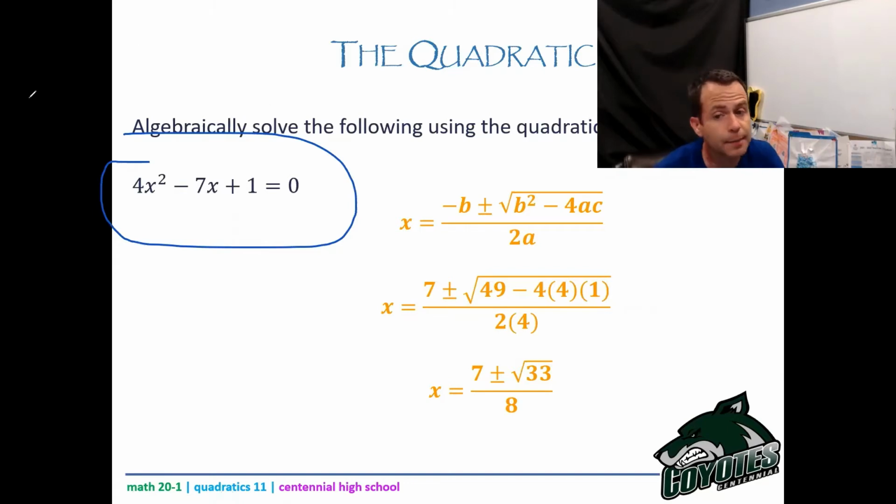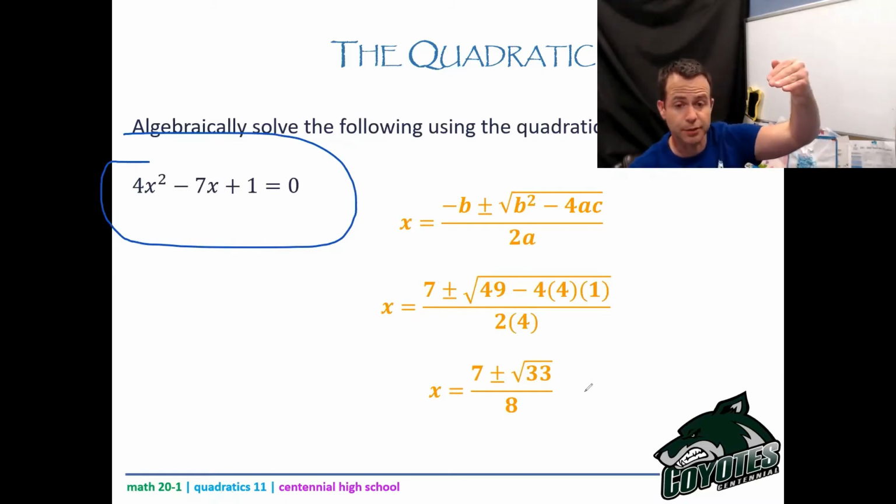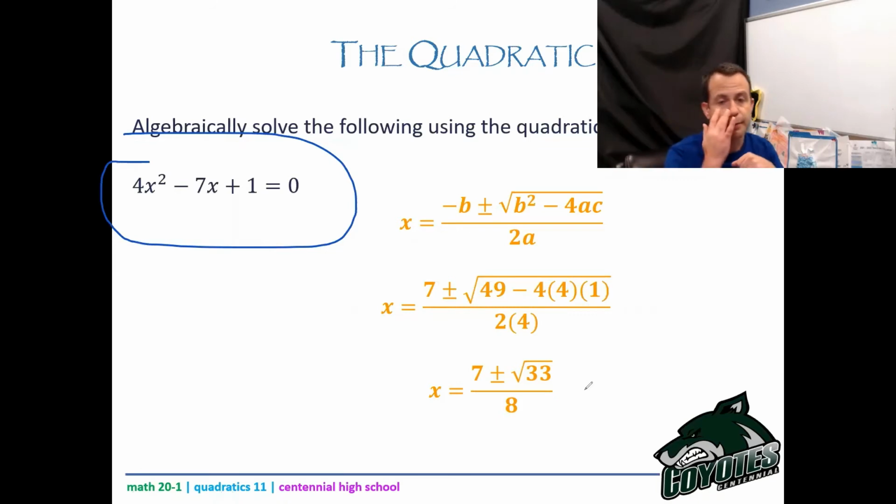If you type 7 plus root 33 all over 8 into your calculator and get that decimal approximation, that's going to match one of the decimal approximations, actually the one on the right, if you want to get super specific. It'll match that decimal approximation that your graphing calculator gave you. And then if you go 7 minus root 33 all over 8, that will match the other one, okay?